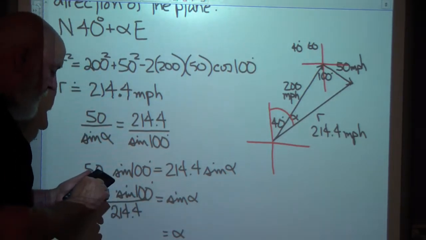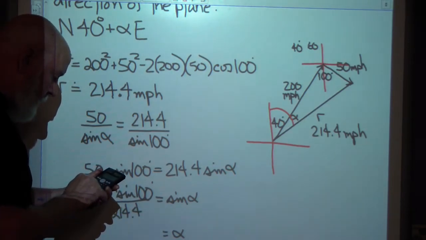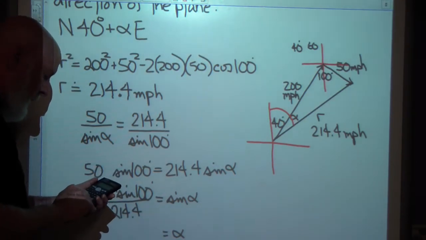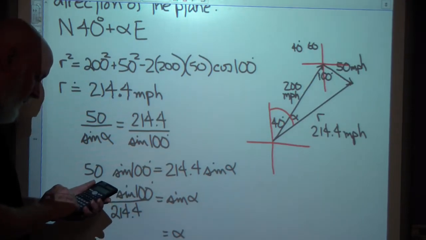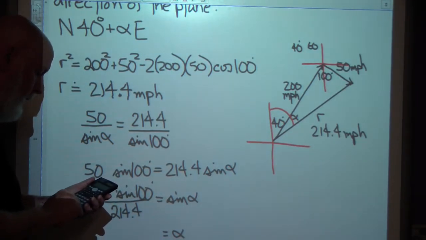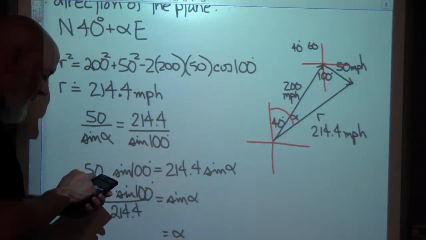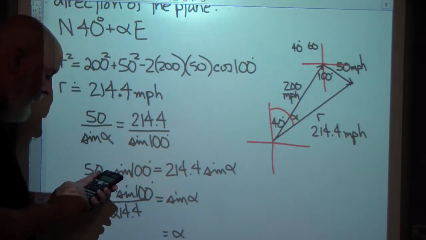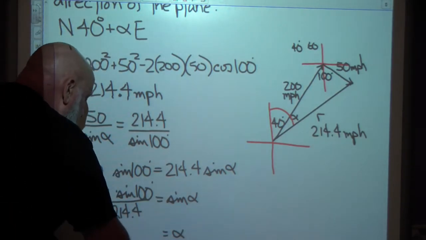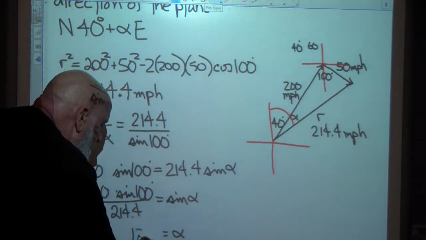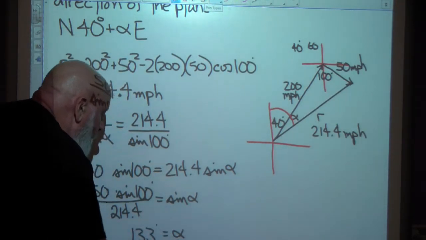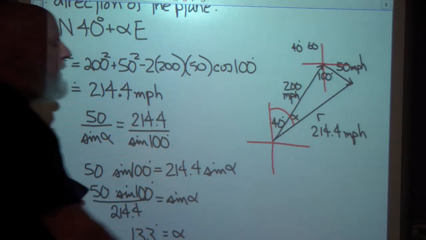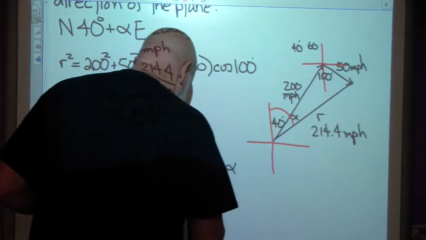Here we go, 50 sine 100 divided by 214.4 equals, and we'll take the inverse sine of that, and that is 13.3-ish. 13.3 degrees is alpha.